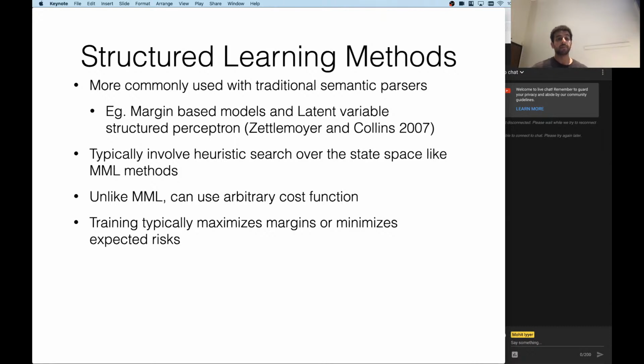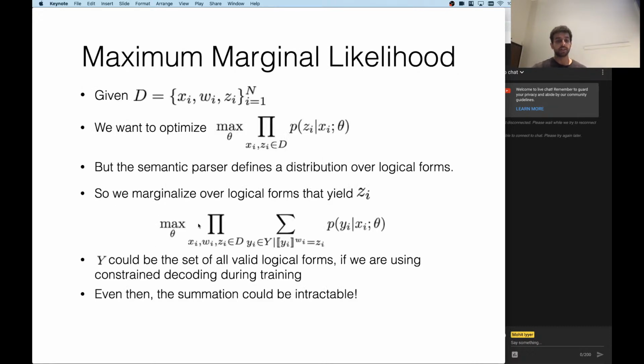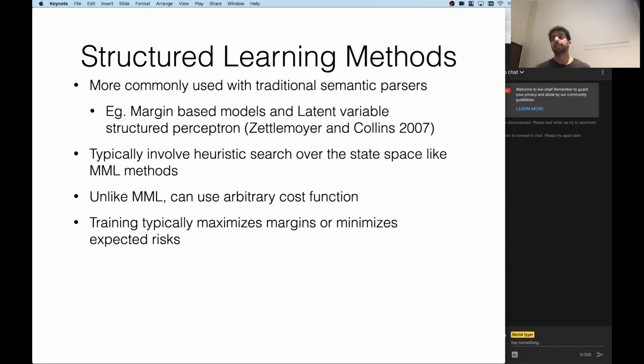The important part with some of these structured learning methods is that they aren't going to just use this simple, like, maximize the probability of these logical forms. You can use other loss functions here that make it possible to integrate your heuristics, search, or whatever. One common thing is to use margin-based loss functions.